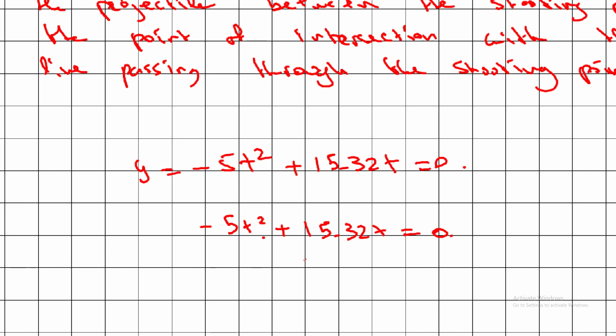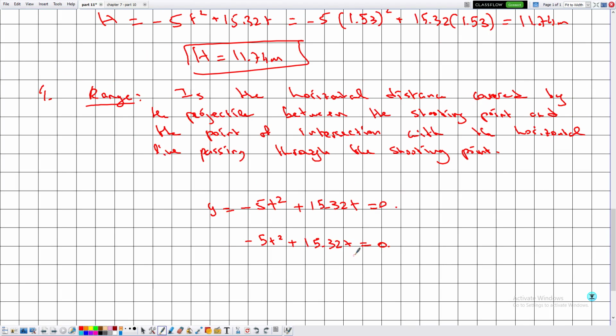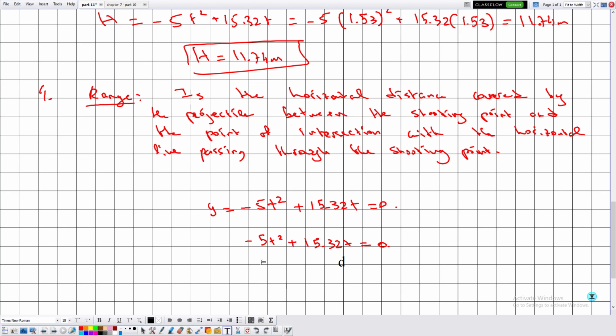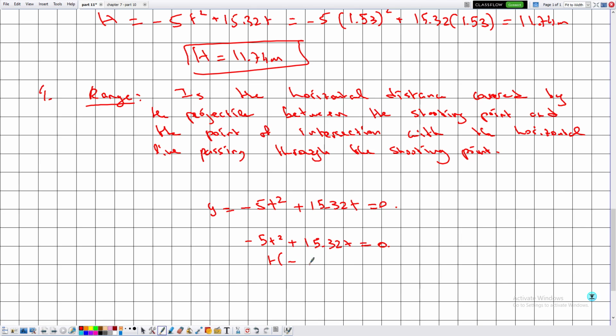This is a quadratic equation in t. We can solve it by two methods: either we solve for the discriminant delta, or by factorization. So here we can simply factorize. Taking t as a common factor, we have t times minus 5t plus 15.32, which is equal to 0. Now t is given by 15.32 divided by 5.